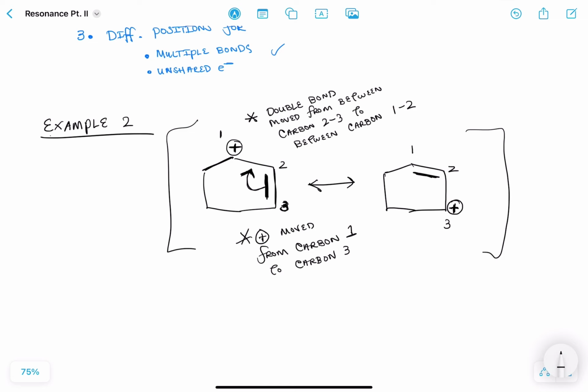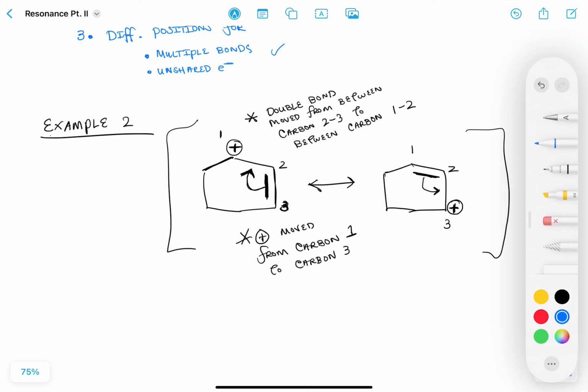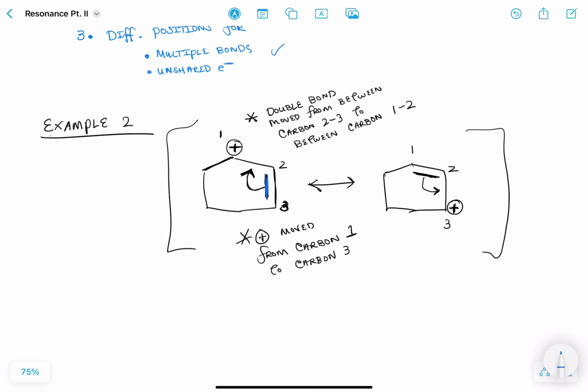We can do the reverse, which is move the arrows down. So the double bond here became this double bond, and then again it went back to that 2 to 3 carbon position. And then essentially the positive charge moves from carbon 1 to carbon 3.